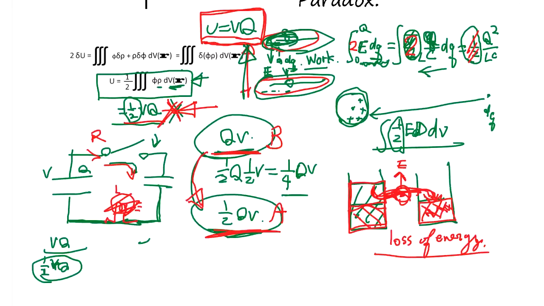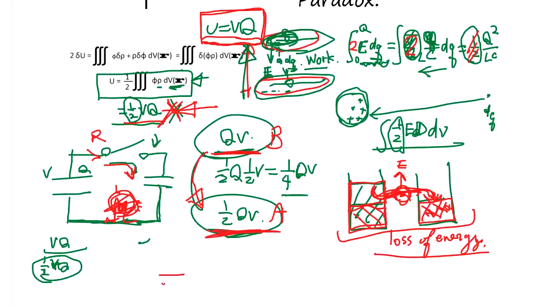You lose energy because you flow the current. The energy lost is going to be thermal energy, or if you have the lamp, it becomes light energy. Same thing with the water. So it's an irreversible process.